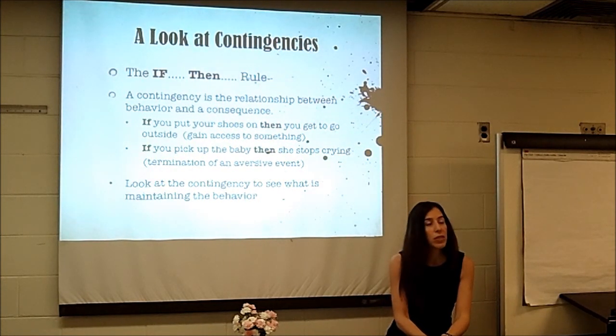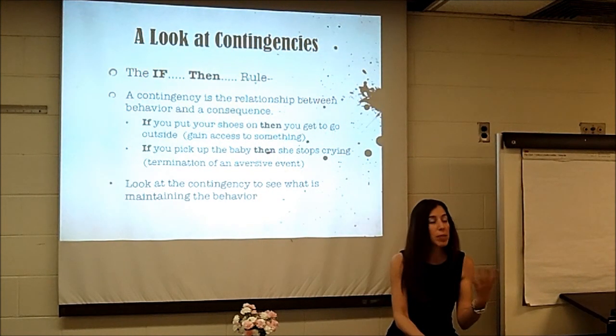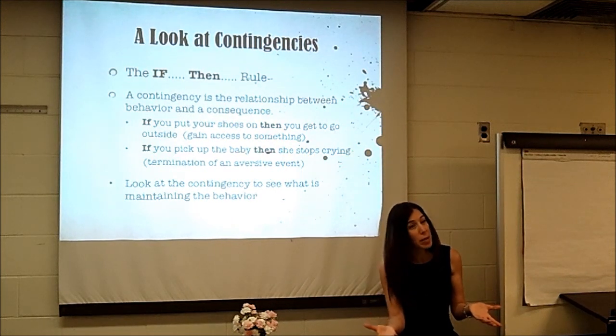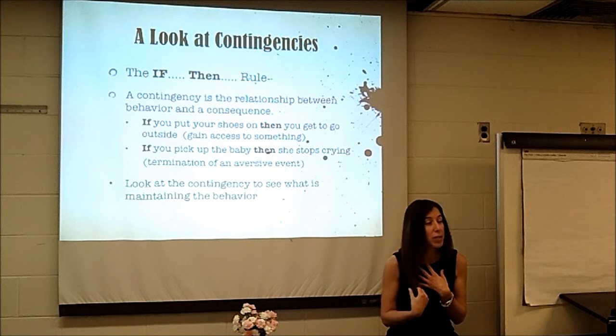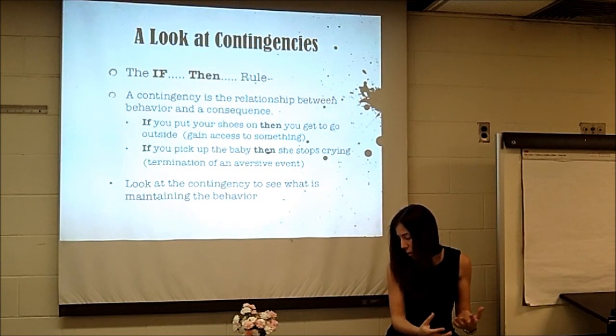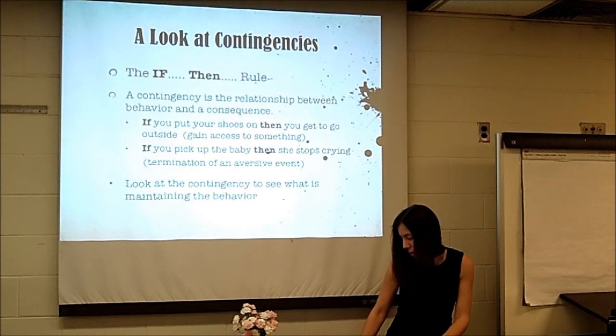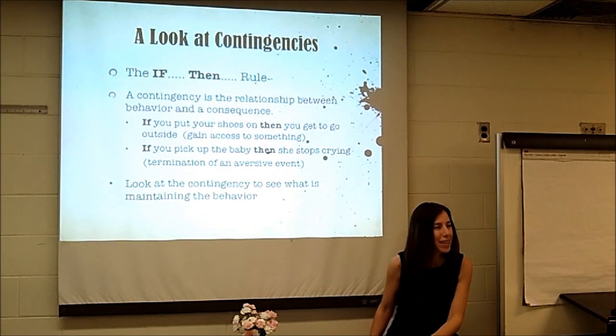It can also be used to clarify an aversive event. If you pick up the baby, then the baby stops crying, and that makes us feel better because the baby crying is aversive to us. So contingencies can work both ways. But we look at the contingency to help us understand what is actually maintaining the behavior.